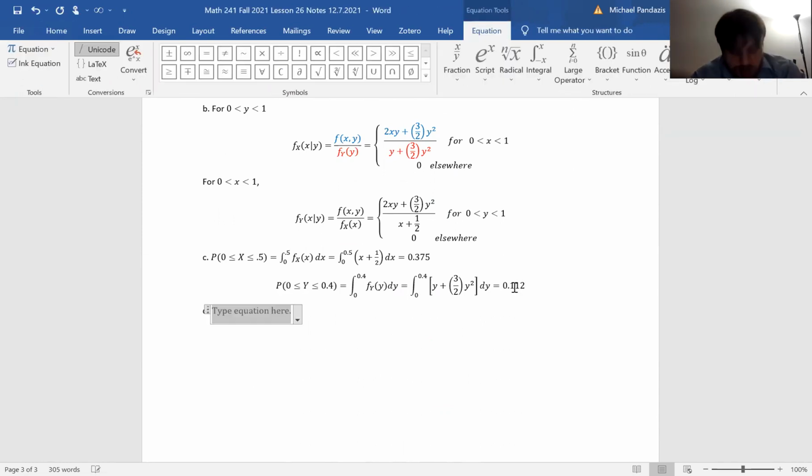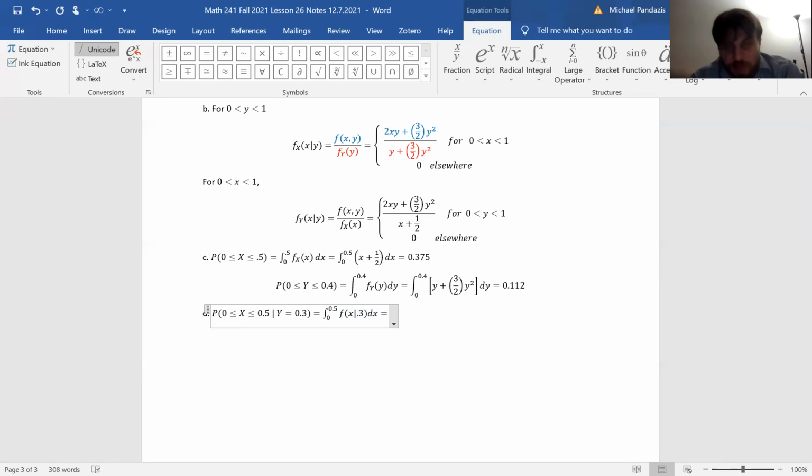Okay, in part D, let's find the probability that 0 is less than or equal to x less than or equal to 0.5, given that y is equal to 0.3. This is equal to the integral from 0 to 0.5 of little f of x given y equal to 0.3 dx.